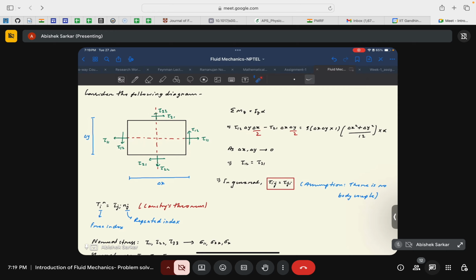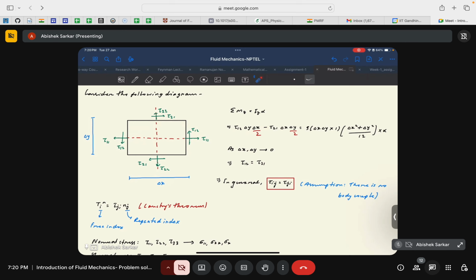Similarly, this component will try to rotate our element in the clockwise direction, which is opposite to this one. So we can take the clockwise direction to be of opposite sense to the counterclockwise direction. That's why we take the negative sign, times the area, that is delta x, times the distance, that would be delta y by 2.